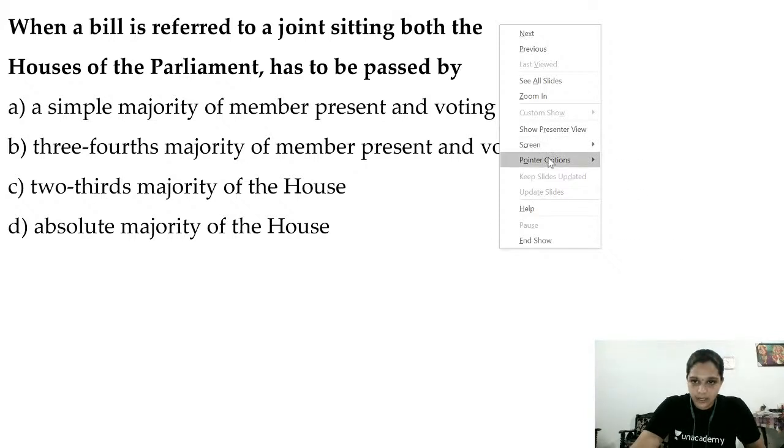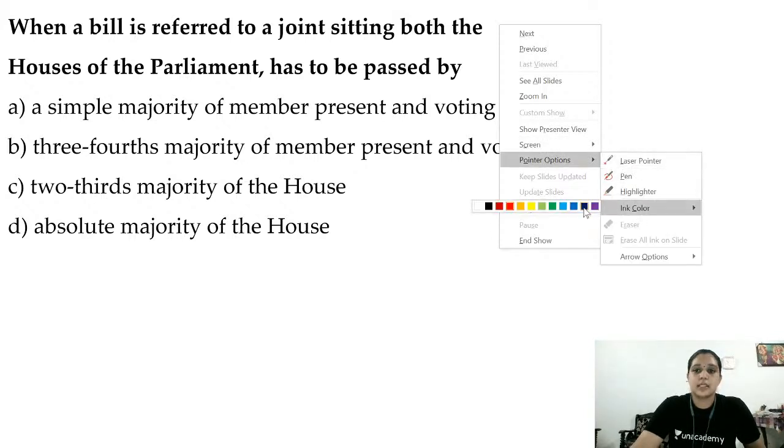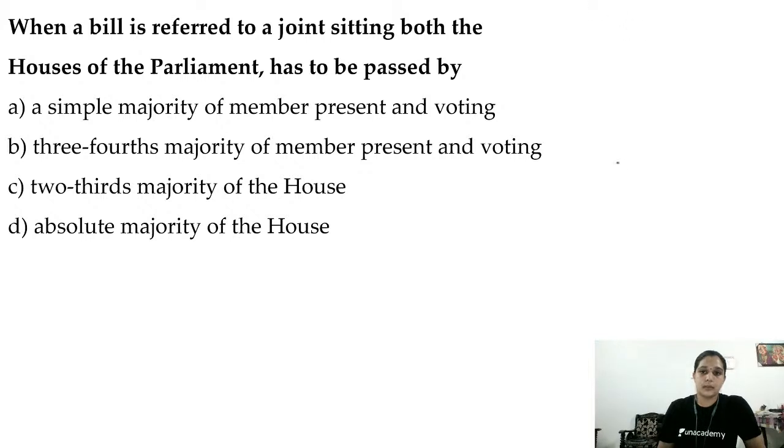I'm repeating. In a joint sitting, it's simple majority, always simple majority, because I'll tell you one more thing. When it comes to a joint sitting, the bill will definitely get passed if Lok Sabha has already passed the bill. When there is a tie between Lok Sabha and Rajya Sabha and it comes to voting, if Lok Sabha has opposed it and only Rajya Sabha has proposed it, there is a possibility that the bill can pass or get cancelled.